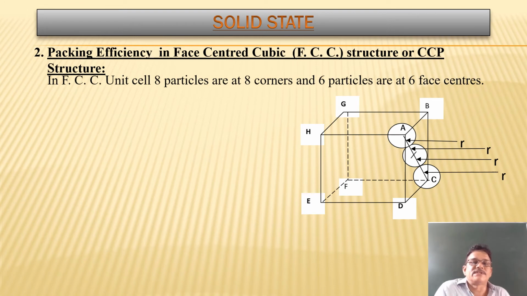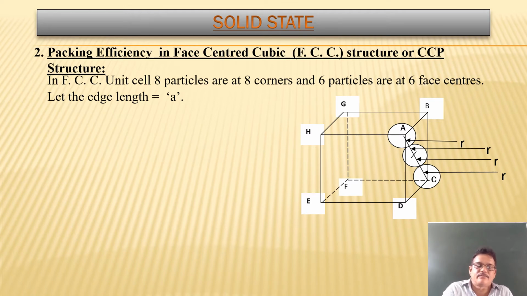In FCC unit cell, 8 particles are at 8 corners and 6 particles are at 6 face centers. We are taking one face, A, B, C, D. Next, let the edge length of cube be a. In the triangle ACD, ACD is a right angle triangle.